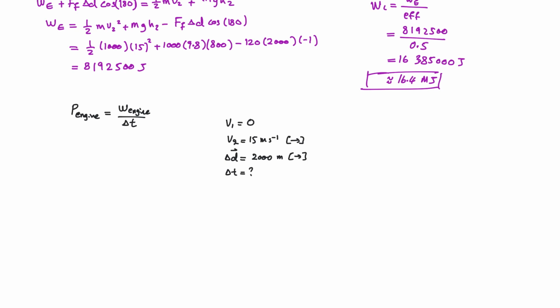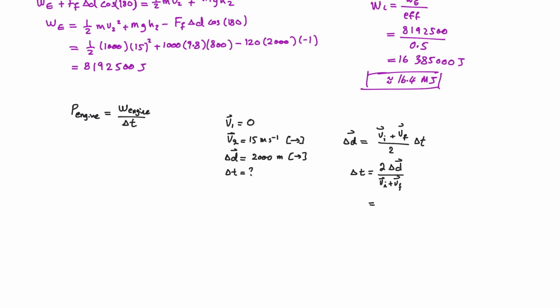From my kinematics equations, what I need is the displacement is going to equal the initial velocity plus the final velocity over 2, multiplied by the change in time. If I rearrange for time, it's going to equal 2 delta d over vi plus vf.